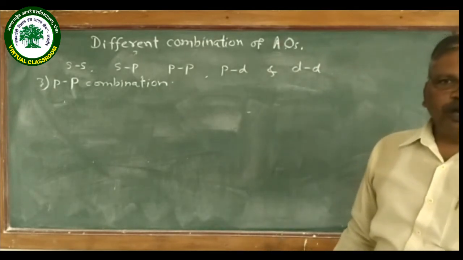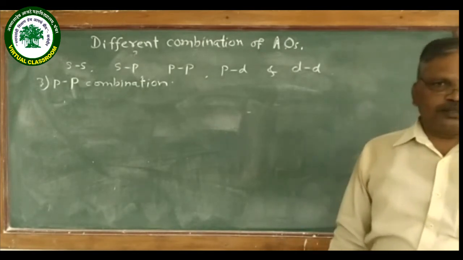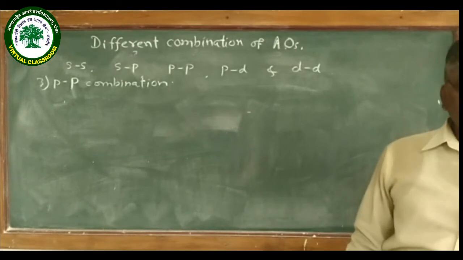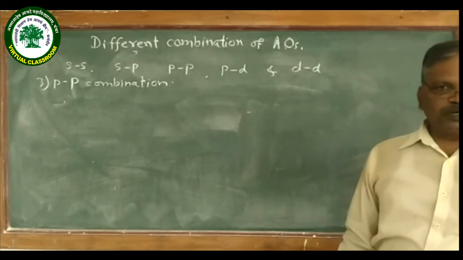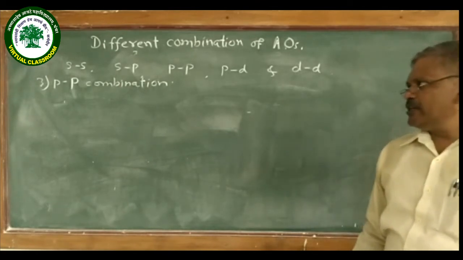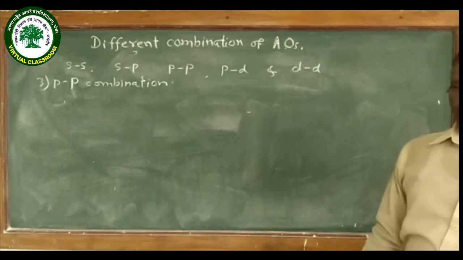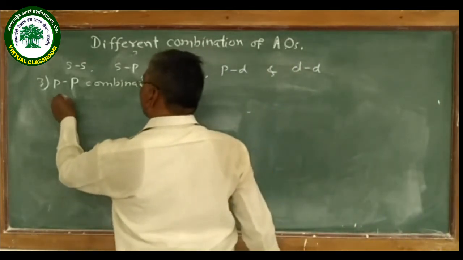So if the p orbitals are overlapping with each other along the axis, then it will give rise to formation of sigma molecular orbital. And if the overlapping p orbitals are laterally overlapping, they will lead to the formation of pi molecular orbital. So first we will see how sigma molecular orbital formation takes place.